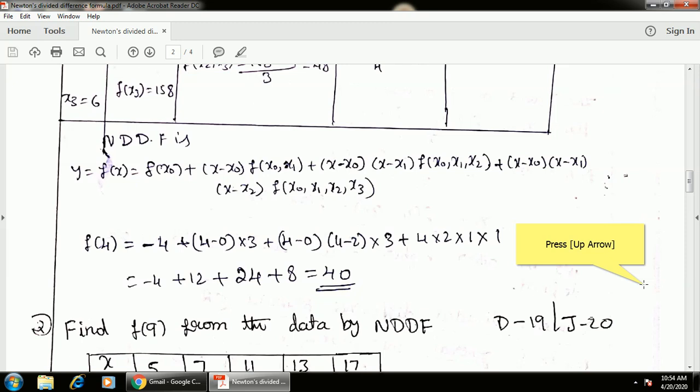And here we need to find the value of the function at x is equal to 4. So x value is 4.